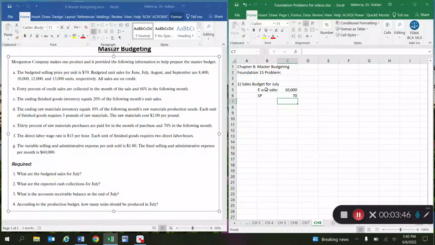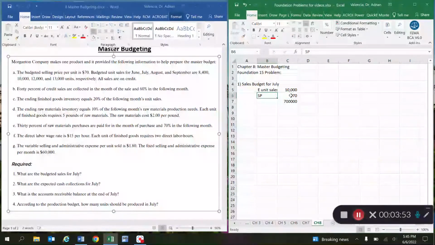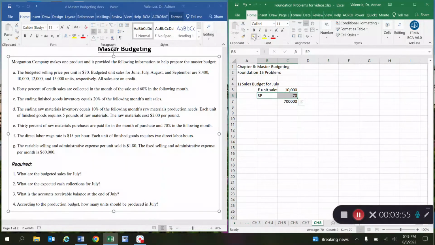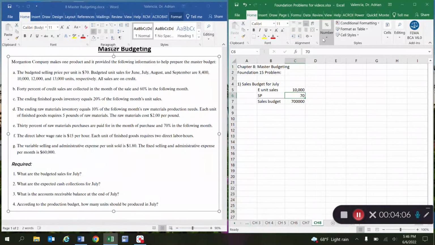And all of this information, of course, is based on expectations, right? This is what we expect, but this is not always how it comes out to be. So this is the sales budget for July. Let me put some dollar amounts on this. There we go.